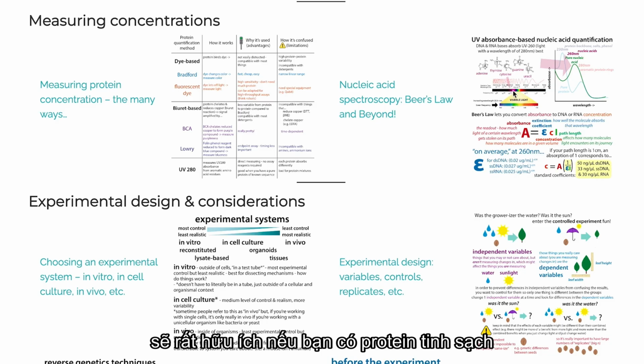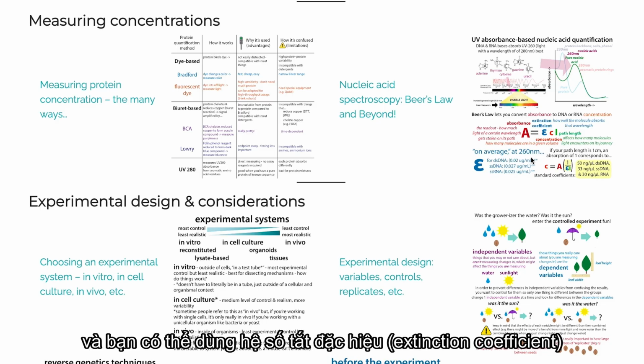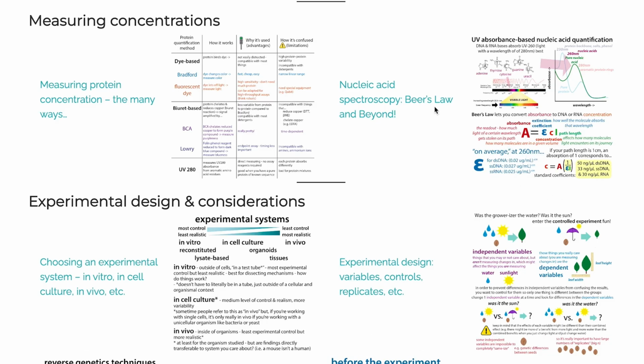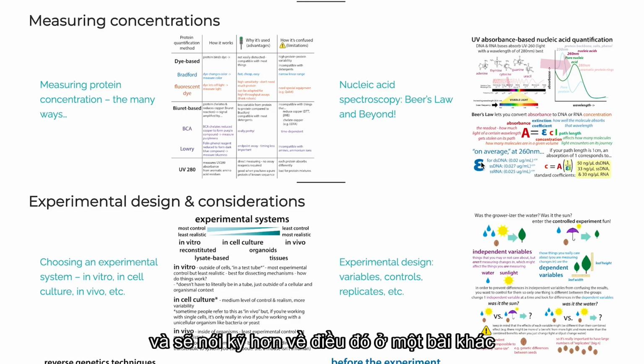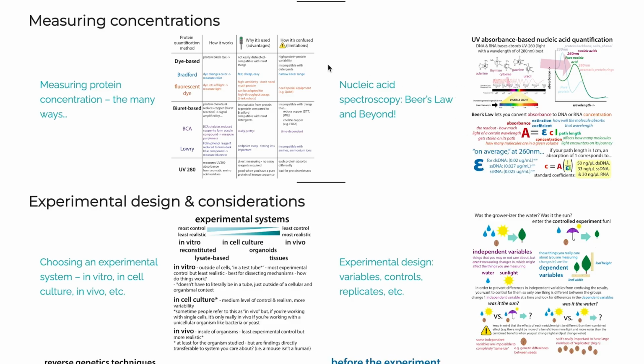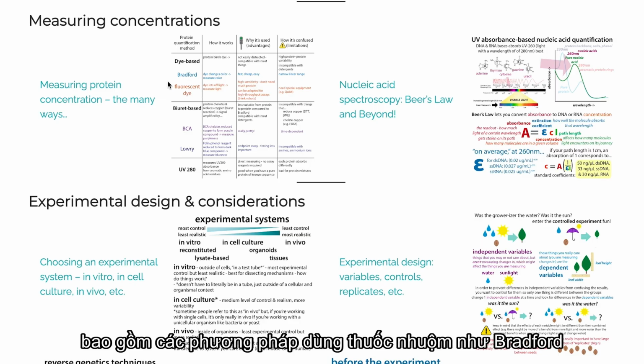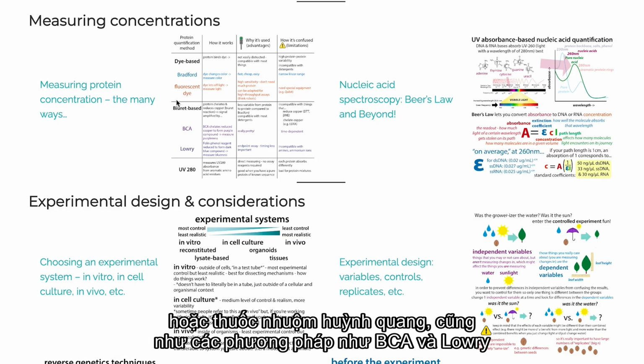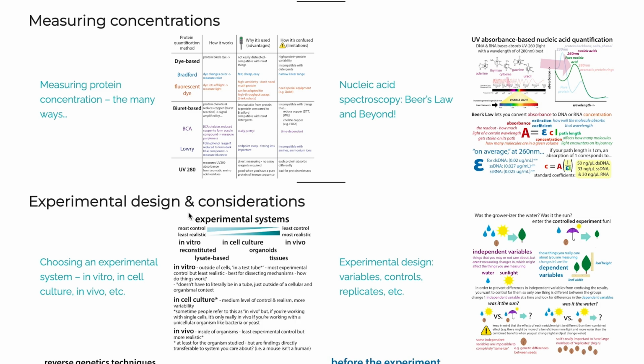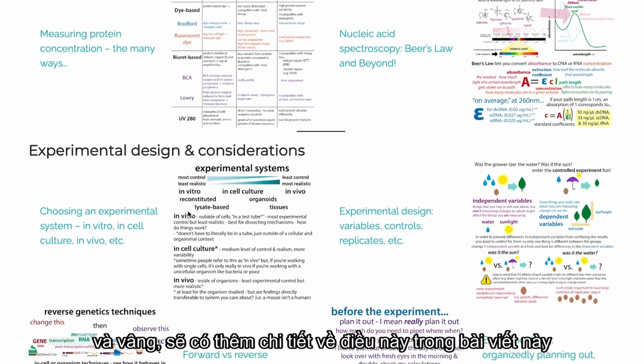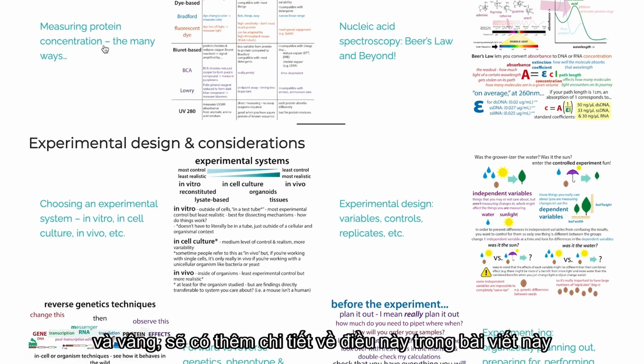So that's going to be great if you have purified protein, and you can use the specific extinction coefficient that you can get from something like Expasy ProtParam, and more on that in another post. But there are a lot of other ways to measure protein concentration as well, including dye-based methods like Bradford or fluorescent dyes, as well as methods like BCA and Lowry. And yeah, so more on that in this post.